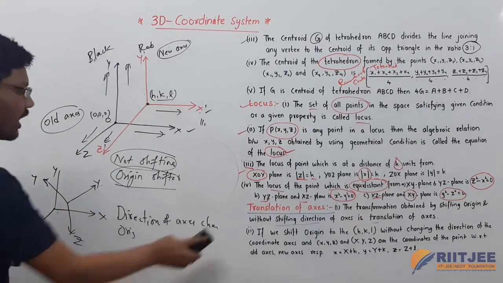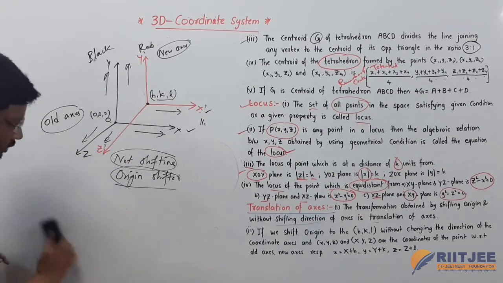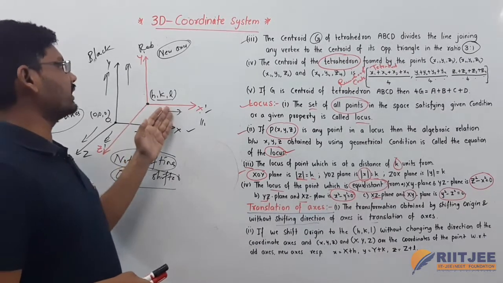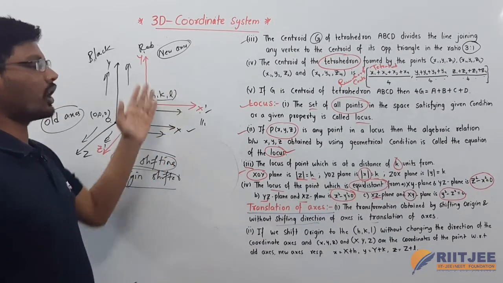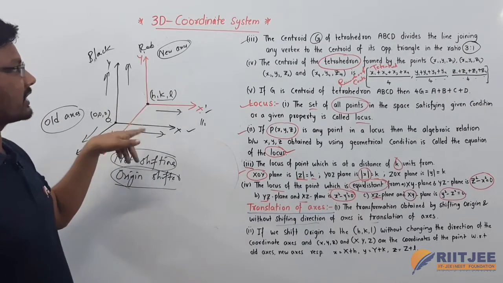Here only the origin is changed, but not the direction of the coordinate axis of the 3D coordinate system.